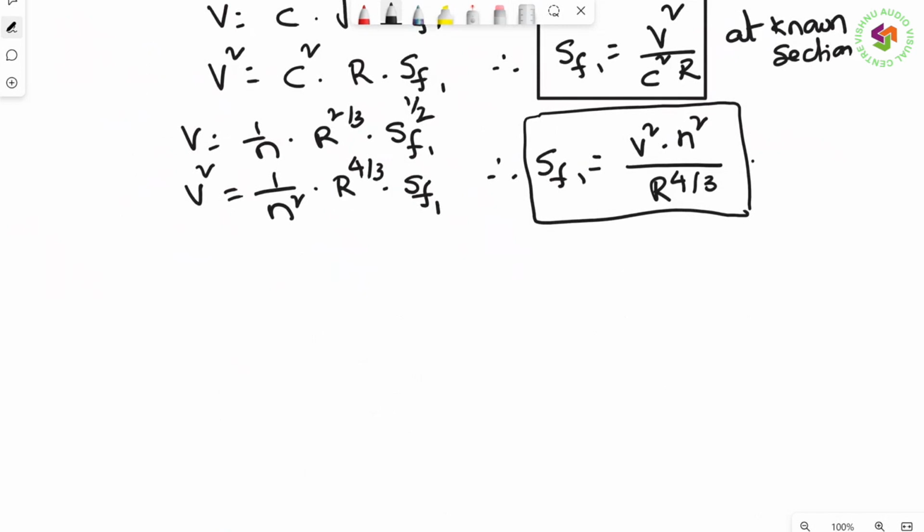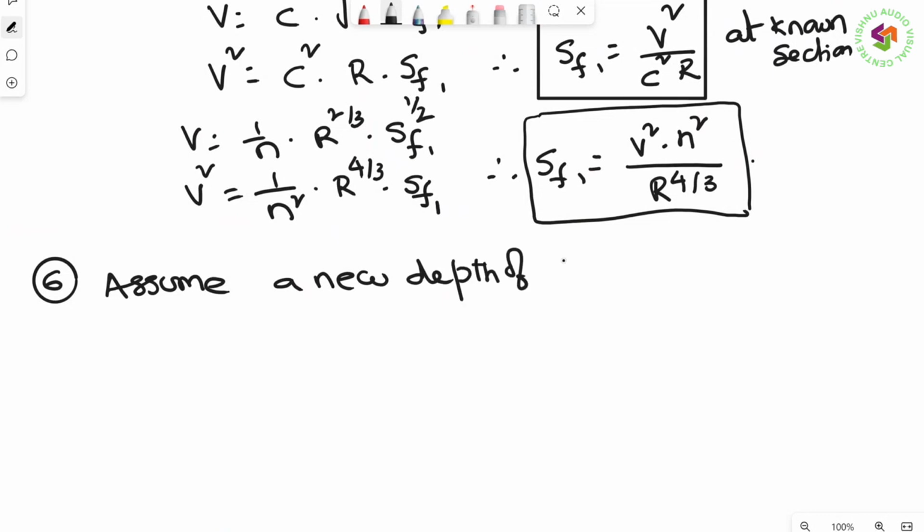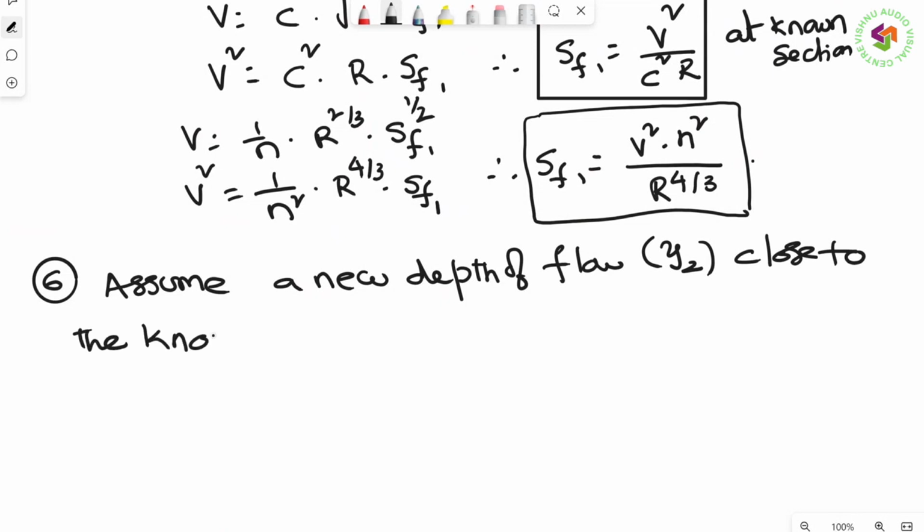Then what you do next: assume a new depth of flow y2 close to the known depth y1.